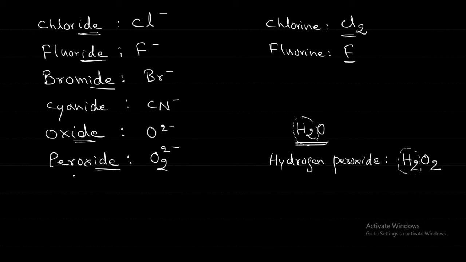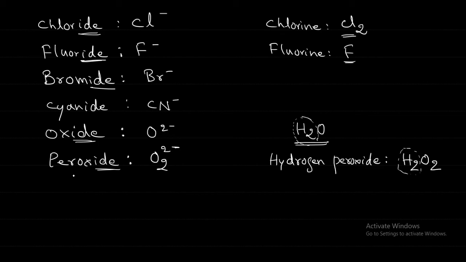Here acetate. Vinegar we are using, no, in most homes vinegar will be there, and those people who make some Chinese dishes add some vinegar. That vinegar is nothing but acetic acid. So here minus is there.